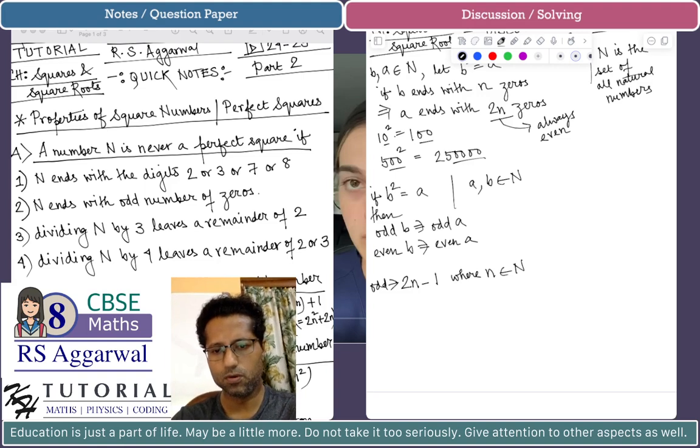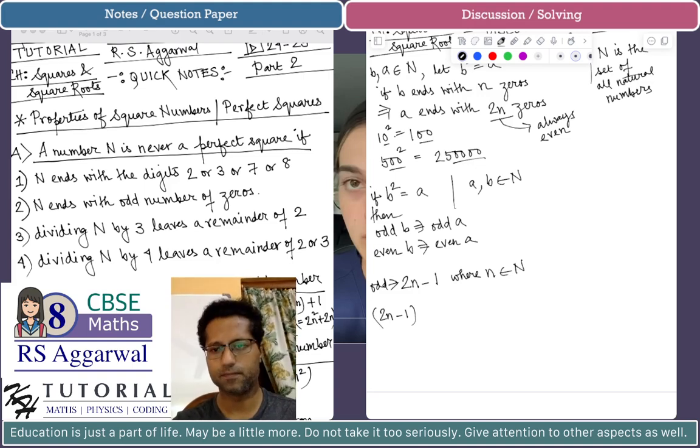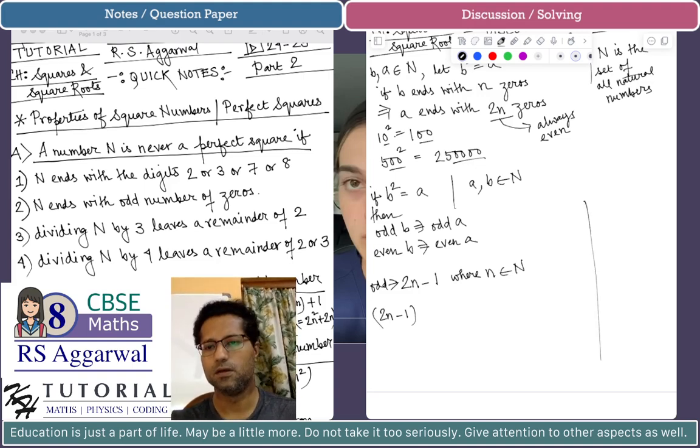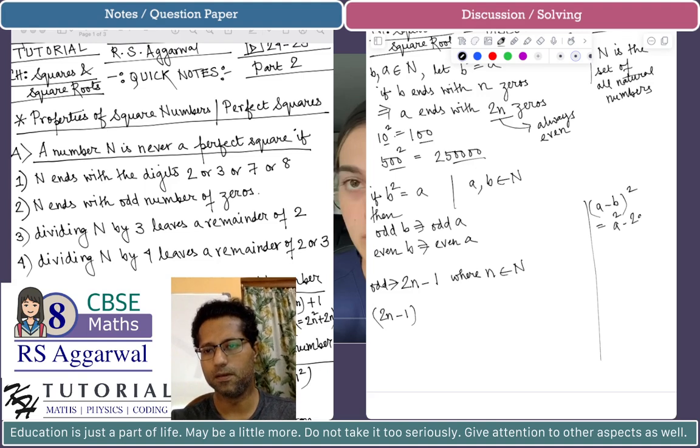Now, if you take the square of it, I am trying to see whether the square of any odd number will also be an odd number or not. Now, (2n minus 1) square. You must be familiar with this algebraic identity that (a minus b) whole square is equal to a square minus 2ab, where 2ab means 2 multiplied by a multiplied by b, plus b square.